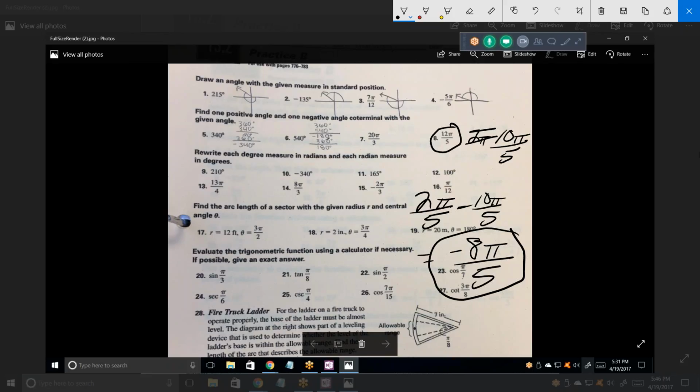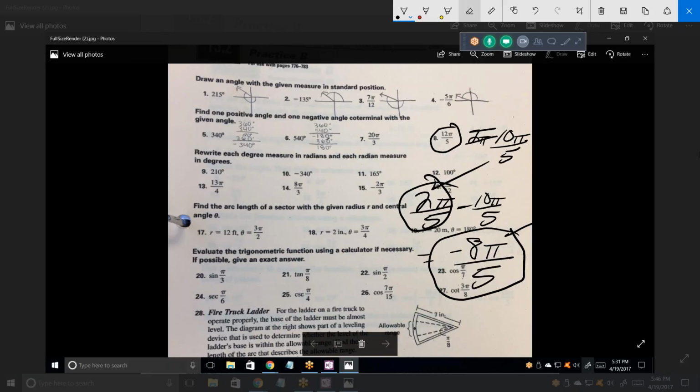Very important to be able to determine whether a number is less than or greater than 2 pi. Since 10 pi over 5 is 2 pi, then 8 pi over 5 is less than 2 pi. That makes this in the unit circle and negative, and it makes that in the unit circle and positive. And those are my two favorite answers, although those aren't the only answers.